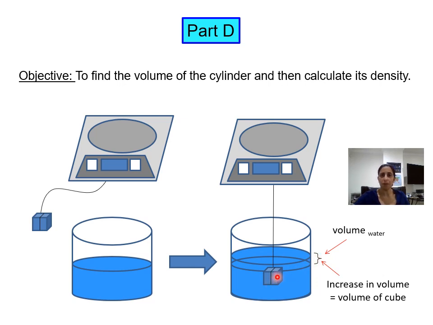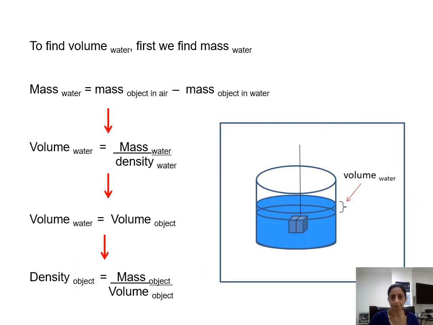That's how we determine in part C what the volume of our cylinder was. So in part D, we're going to be doing the same thing. We are going to be determining the volume of the water that comes up here. Okay, so when the cylinder is placed in water, the amount of water that comes up, that volume is equal to the volume of our object. And that's what we're trying to determine in part D.